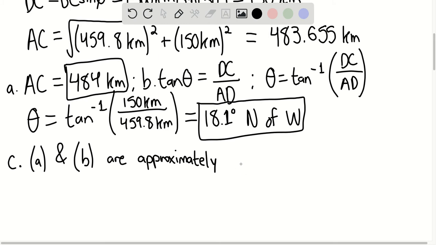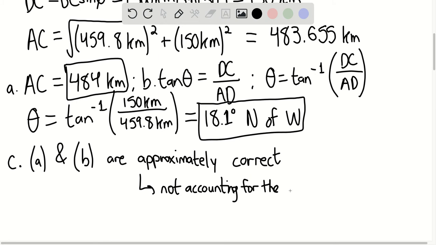When we're dealing with distances that are significantly large, we have to account for the curvature of the Earth. So they're only approximately correct, not accounting for the curvature of the Earth.